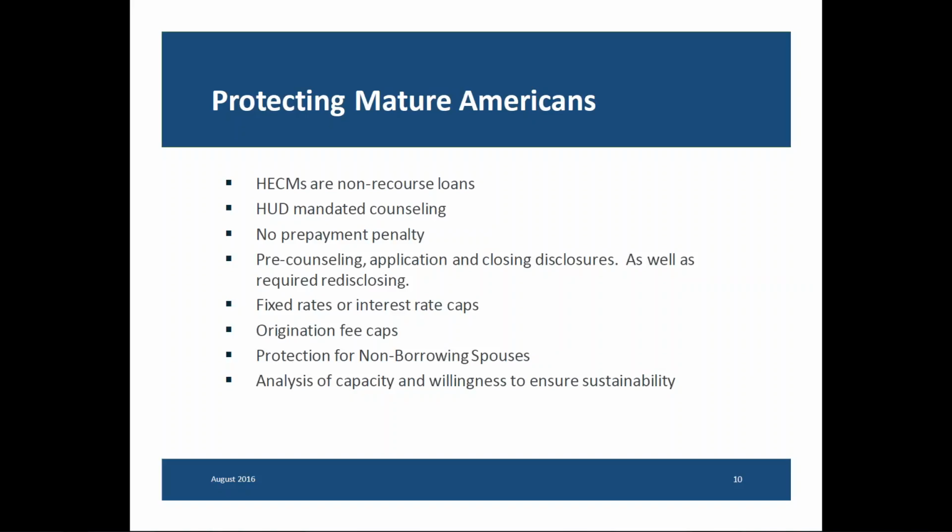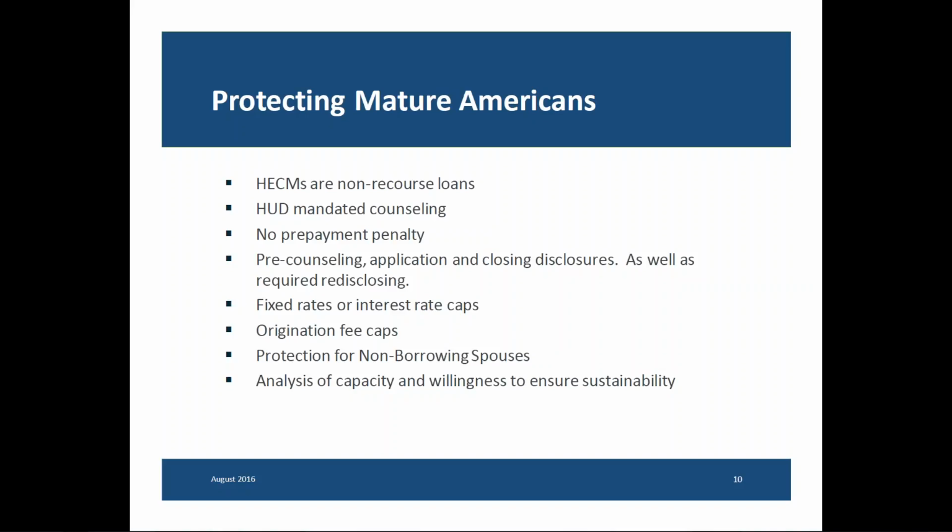They have to go through HUD-mandated counseling by an independent third party. We want them to know all about HECMs and how they work. There is no prepayment penalty. Once again, pre-counseling, application, and closing disclosures are provided, as well as required redisclosing. What that means is we need to, on an annual basis, send out disclosures to make sure that this is still their primary residence.